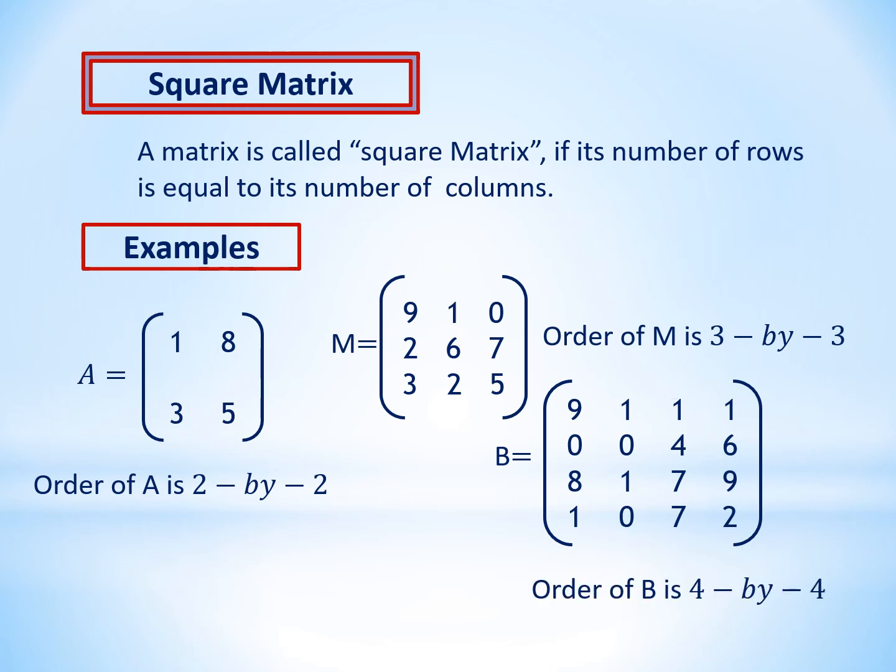Its order is 4 by 4. Number of rows and number of columns are equal. That's why this matrix B is a square matrix. C. C has only one row and one column and its order is 1 by 1 and number of rows and columns are equal. That's why matrix C is a square matrix.